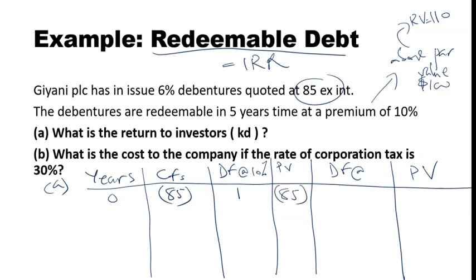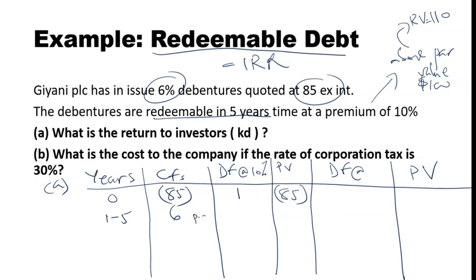Then you move on to years 1 to 5. Remember, this is going to be redeemable in 5 years' time. So in all the years 1 to 5, you'll be paying annual interest, and we are told that this is a 6% debenture. So we are paying 6% of $100 nominal, that is 6.